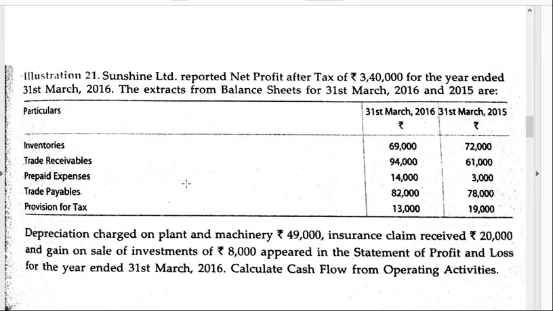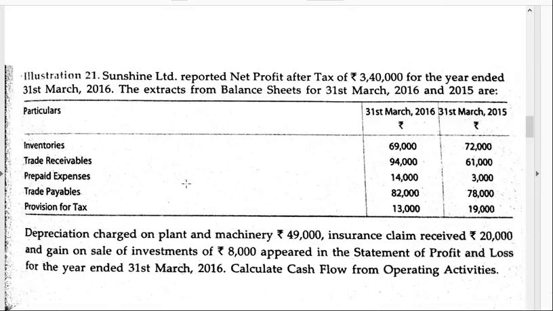Then the further information given is depreciation charged on plant and machinery is 49,000, insurance claim received rupees 20,000, and gain on sale of investments of 8,000 appeared in the statement of profit and loss for the year ended 31st March 2016. Calculate cash flow from operating activities.